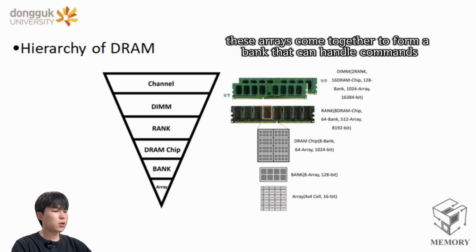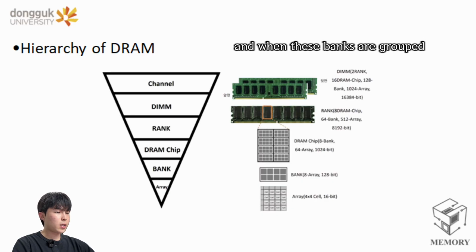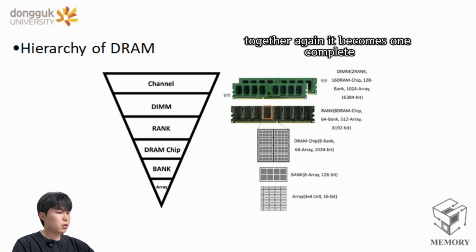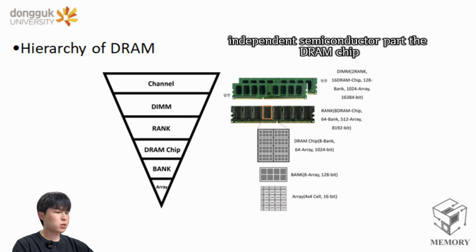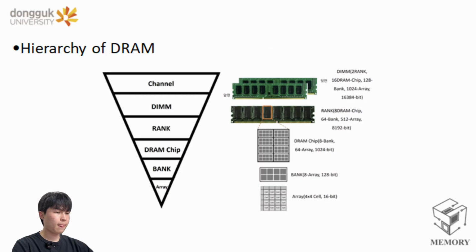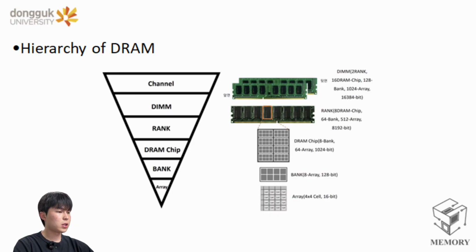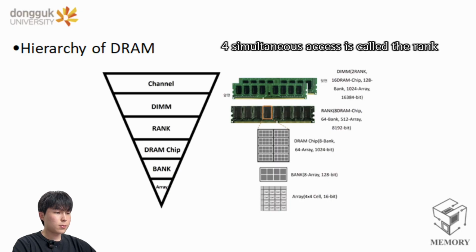These arrays come together to form a bank that can handle commands independently. And when these banks are grouped together again, it becomes one complete independent semiconductor part, the DRAM chip. In the figure, 8 banks come together to form one chip. A unit that arranges multiple DRAM chips on a printed circuit board for simultaneous access is called a rank.